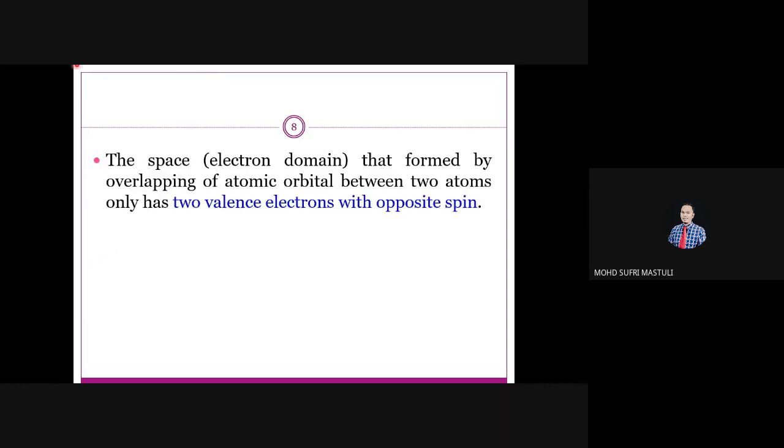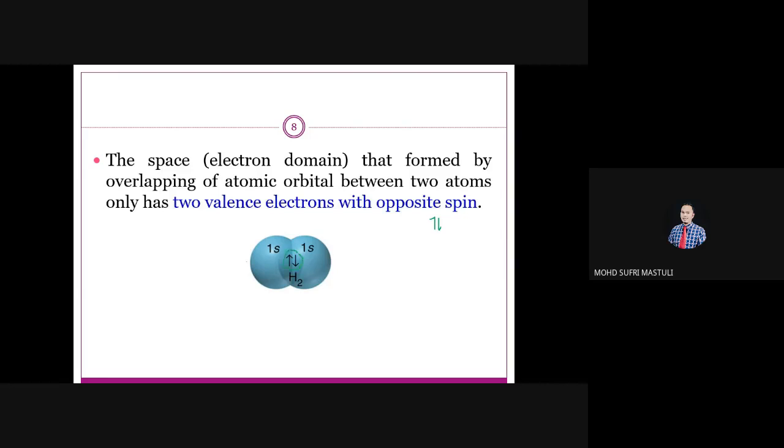All right. So the space, the electron domain that is formed by overlapping of atomic orbitals between two atoms, only has two valence electrons with opposite spin, spin up and spin down. We see this one between S with S for the hydrogen is spin up, spin down.